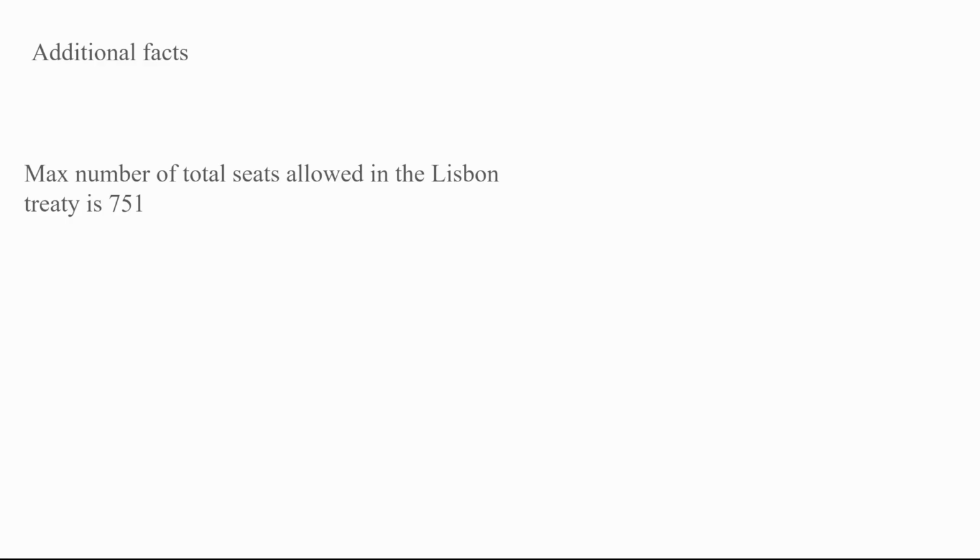That is because they are saving these seats for a future EU expansion. If we get a new member state, then we can use some of these seats to give to them. So we have some room left between 720 and 751.